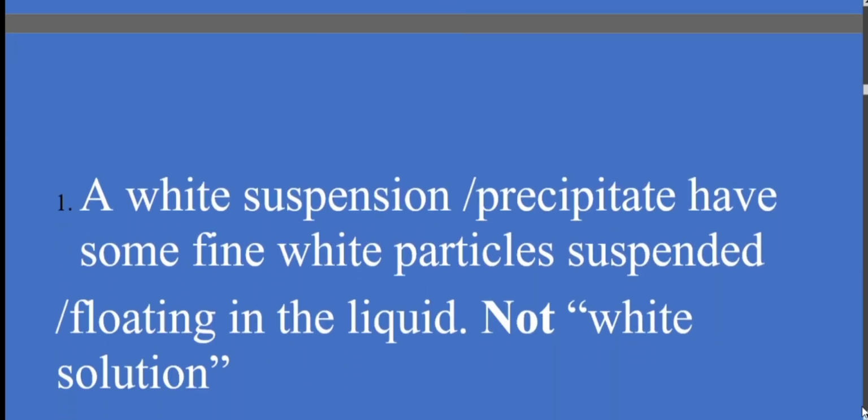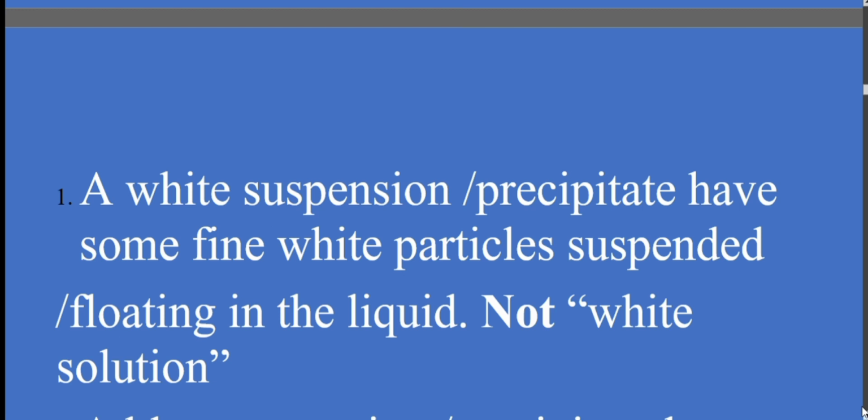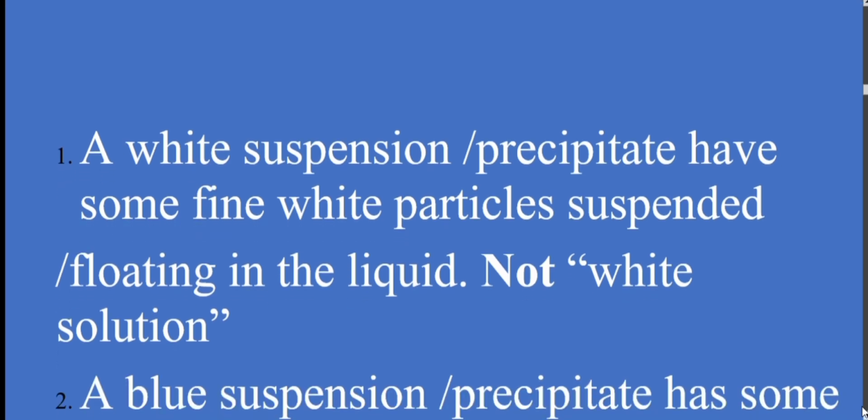So a white suspension or precipitate has some fine white particles suspended or floating in the liquid. We cannot call it a white solution because not all of the particles of the solute have been able to dissolve.